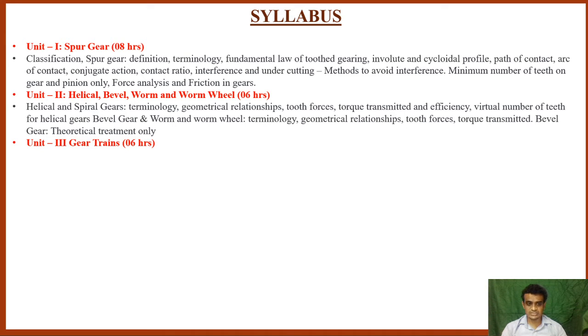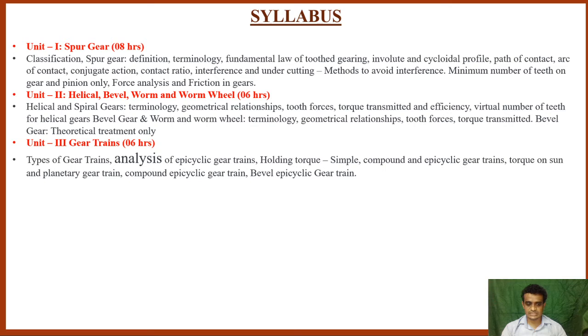Unit number 3 is the gear trains. This is very interesting, as it is the application of unit number 1 and unit number 2. You will find all the gears studied in unit number 1 and unit number 2 again in the gear trains. A gear train is like a train which consists of different bogies; in gear trains also, there are different gears.